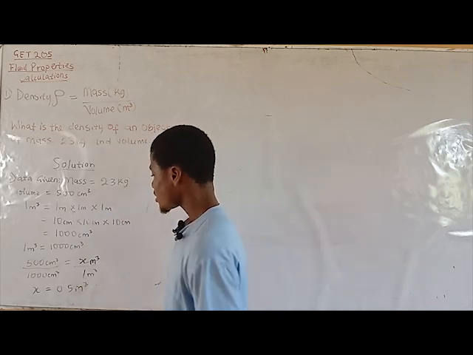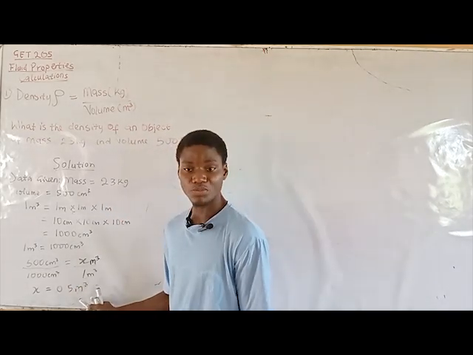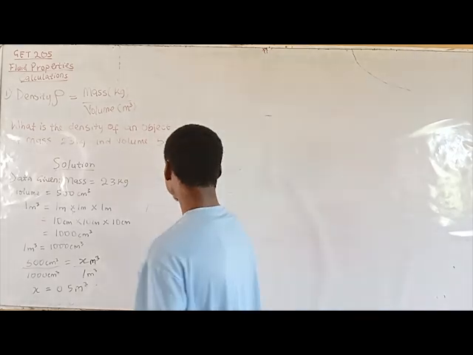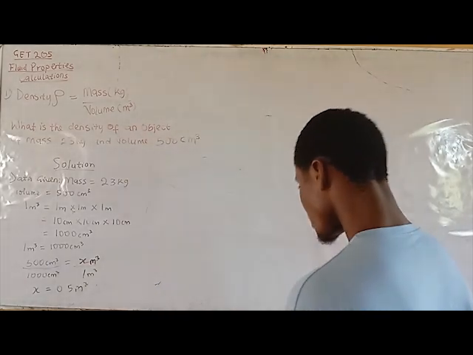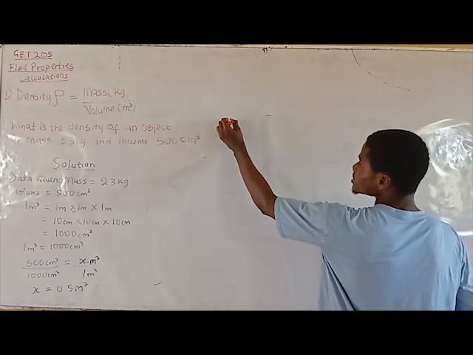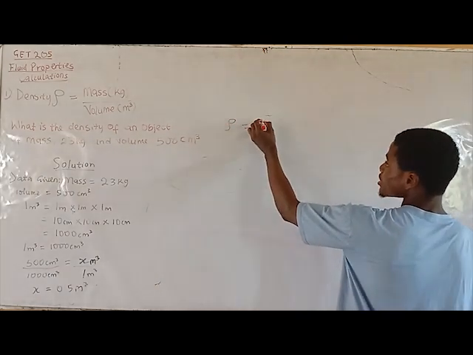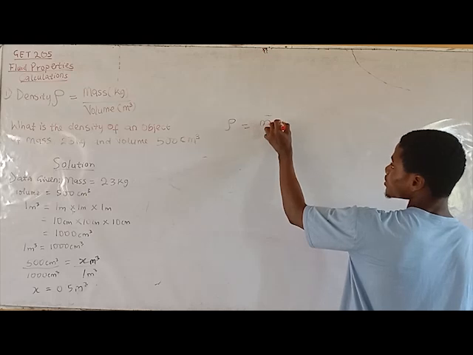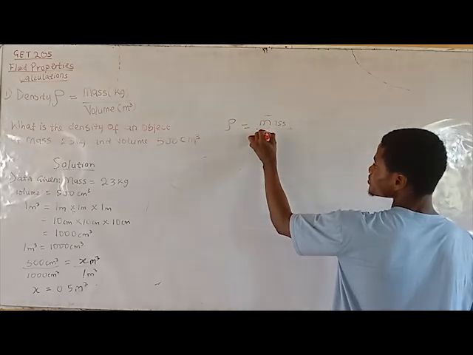So we know that it's 0.5 meters cube we are using to run our calculation. If that is true, we now state out our formula again. Density equals to mass divided by volume.